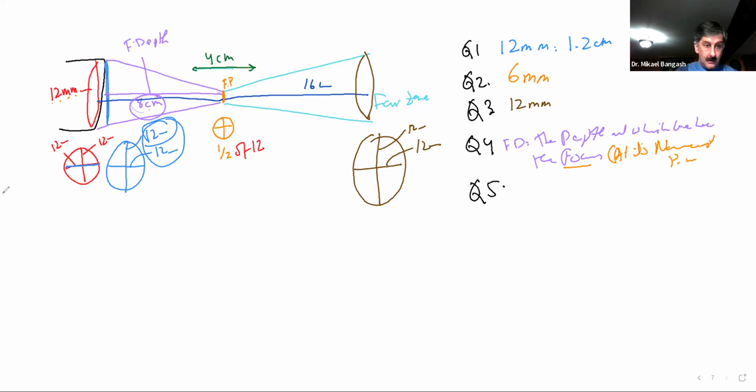Now, some of you may have wondered about these 4 centimeters here. This here is your focal zone. What did we say the focal zone was? It was a distance of 4 centimeters.